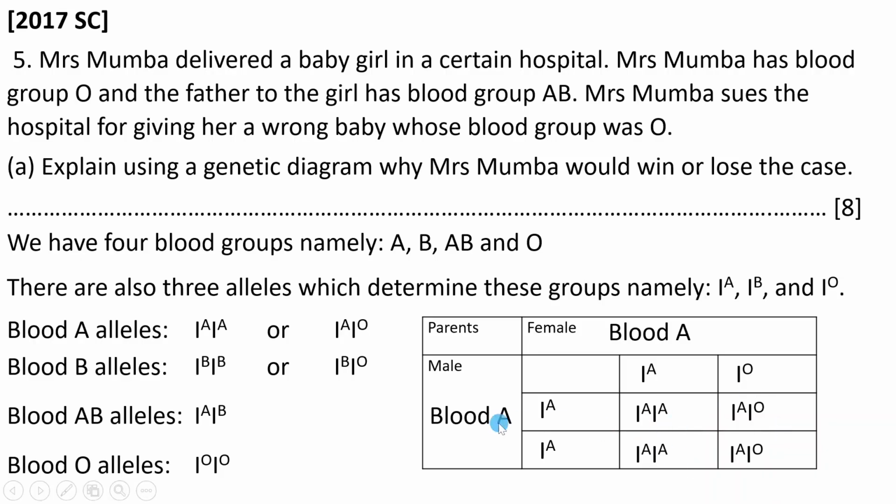Okay. Then let us look at another possibility. Let's say we have blood group A and blood group B, and this one is homozygous blood group A, and this one is heterozygous blood group B, and then they are mating.